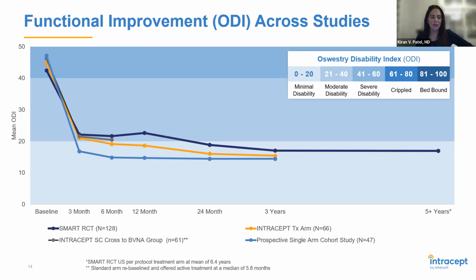What's very astounding is that the baseline ODI is very similar in terms of where these patients started, and there is a very similar drop at 3 months, and then a consistent improvement from 3 months to 6 months, 12 months, 24 months, and onward, depending on the length of the study. I think that really captures how these patients do, and certainly what my experience has been in my own office. I don't have patients who are out 5 years, and I don't think many of us do, but we will hopefully soon.